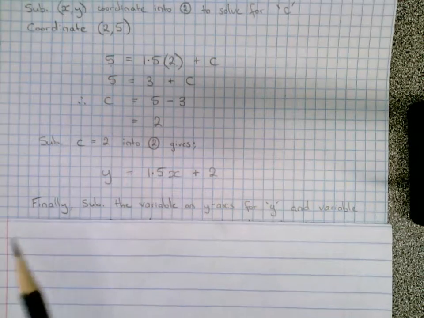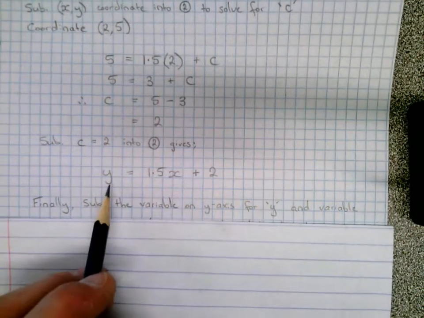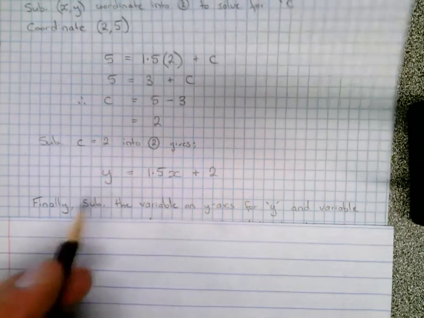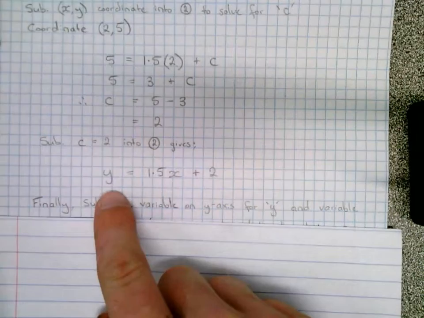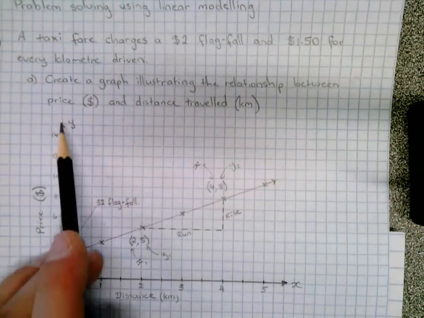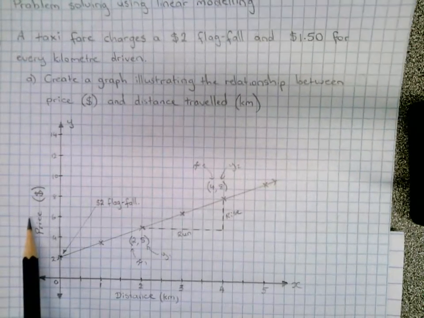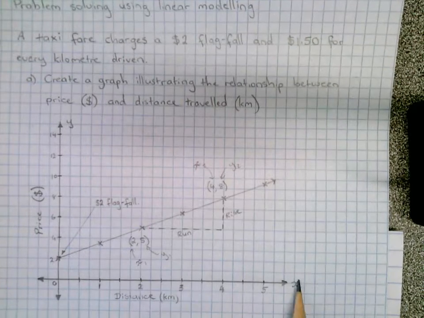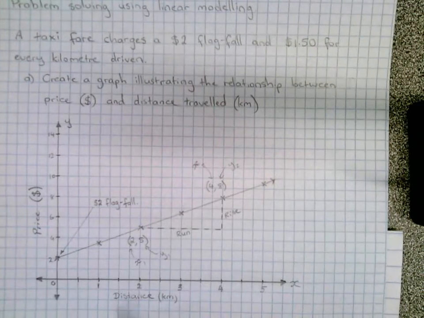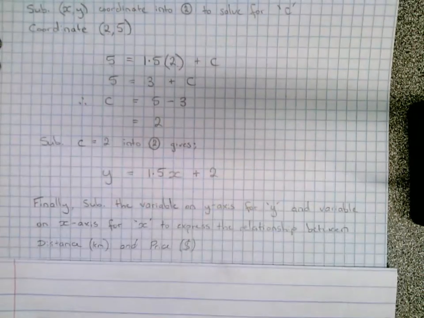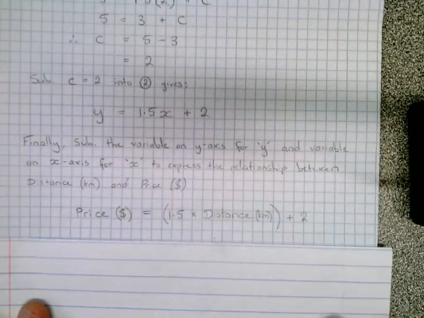Now to put it in a form of price and distance, so that we're relating the price and the distance of this taxi fare, we're going to have to go back to the graph and quickly see what the y-axis is referring to. So we see that y is referring to the price. So where I see y, I can put price, and the x is referring to distance. So where I see x, I can put distance.